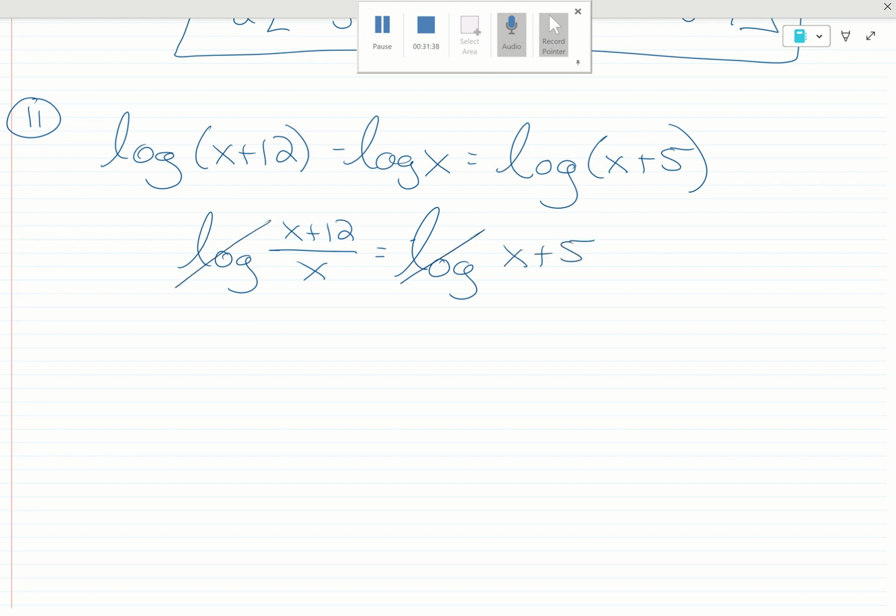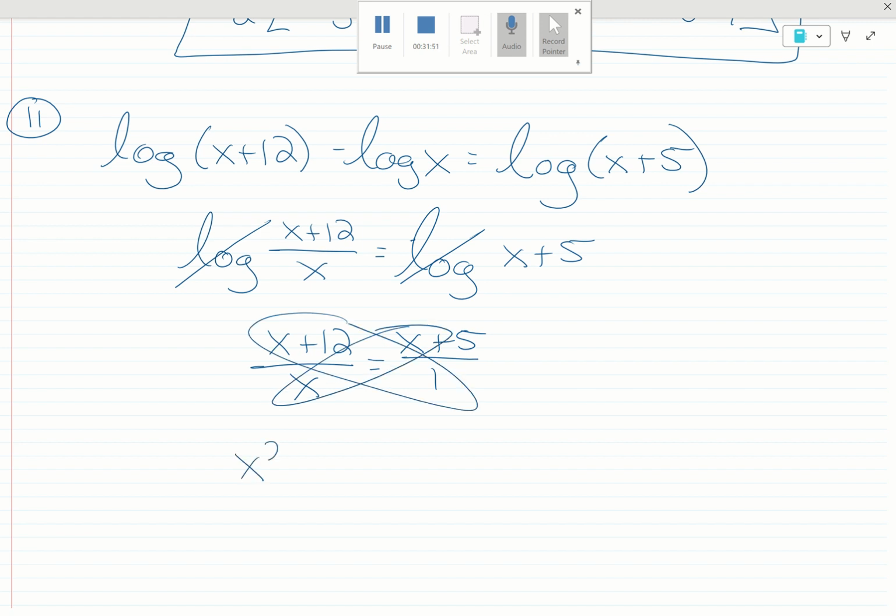Cancel out our logs using the property of equality. x plus 12 over x is equal to x plus 5 over 1. Cross multiplying would give us x squared plus 5x is equal to x plus 12. And then getting everything on the same side, x squared plus 4x minus 12 is 0.